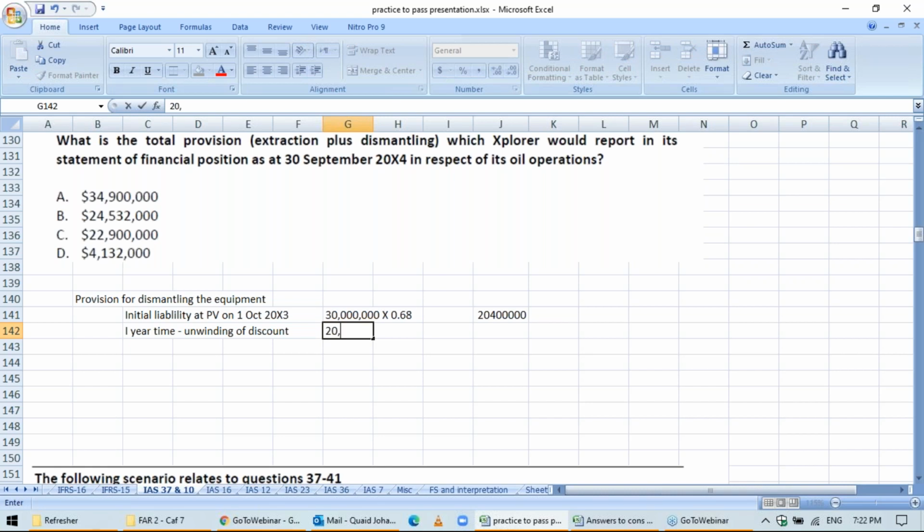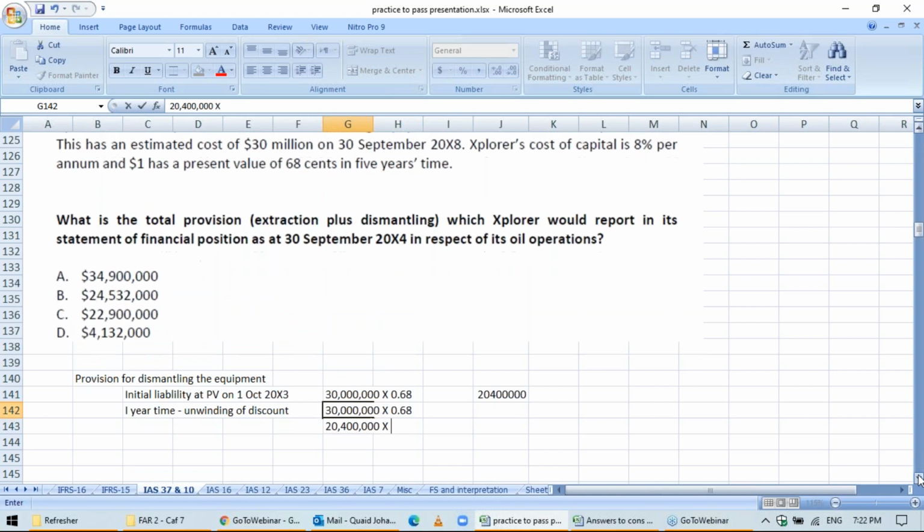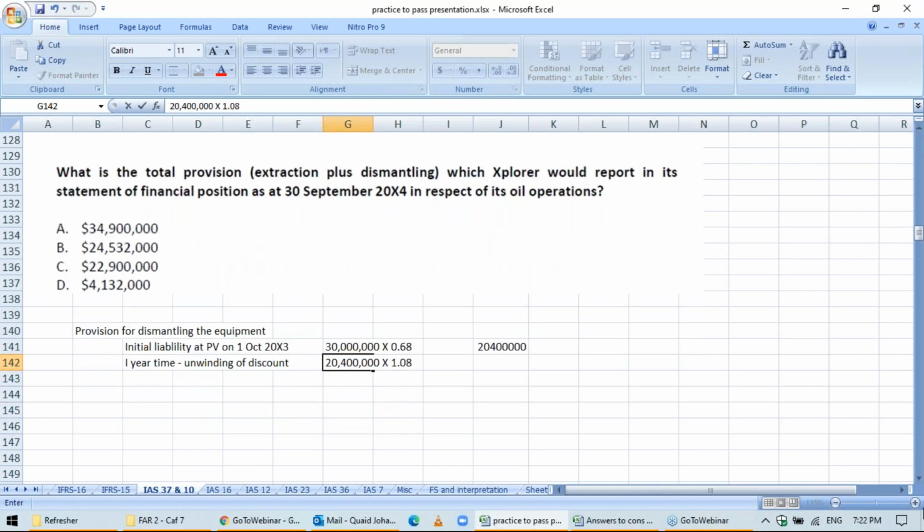What's the balance? 20,400,000. Multiply this by the rate. They have given you a rate, which is 8%. Multiply by 1.08. So this increases by 8%, and one year's interest gets added to it.